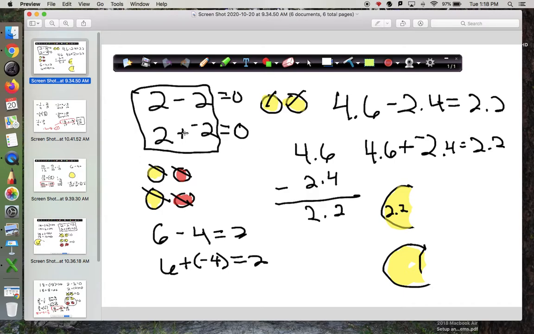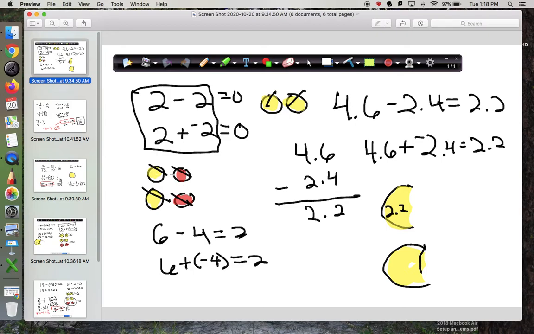So this one was a really interesting one because the question was just how about 2 minus 2? And we noticed that 2 minus 2, we know it's 0, but we noticed that it's the same as 2 plus a negative 2. So if we have 2 positives and we take them away, that's the same as if we have 2 positives and we add 2 negatives.